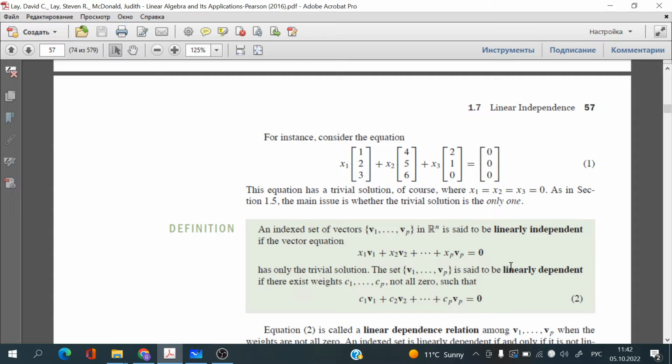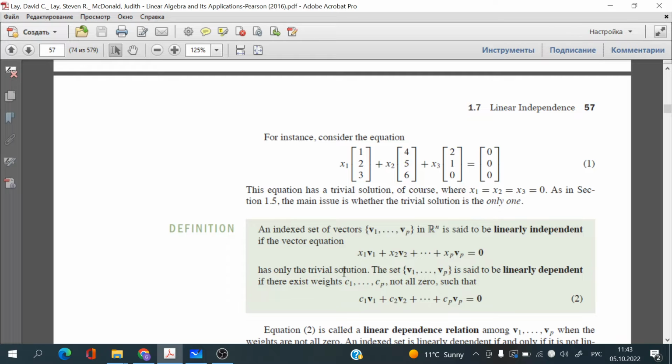An indexed set of vectors v1, v2, v3, and so on, vp in Rn is said to be linearly independent if the vector equation x1 times v1 plus x2 times v2 plus dot dot dot plus xp times vp equals 0 has only the trivial solution.